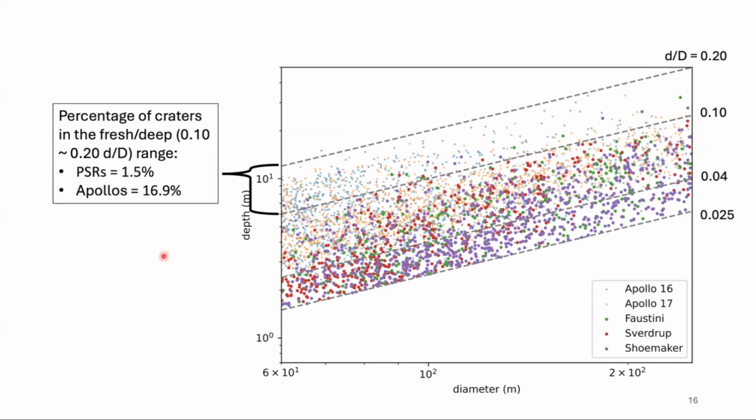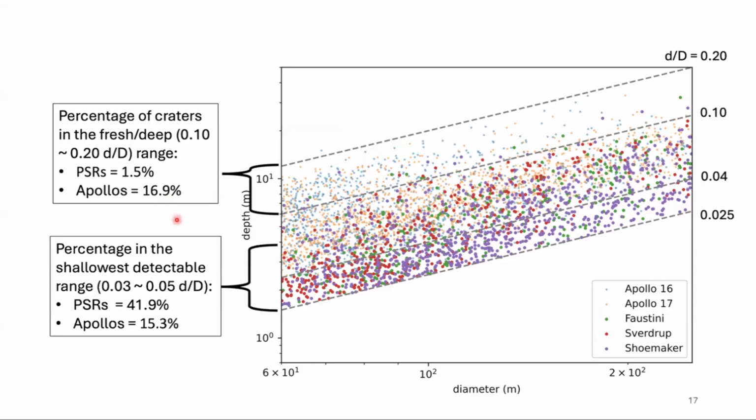So the first difference that we noticed here is the percentage of craters in that fresh or deep regime where you'd expect to find fresh craters, and the fraction of each geologic terrain that has small craters in those ranges is pretty different. Only about 1.5% in PSRs versus more than 15% in the Apollo sites.